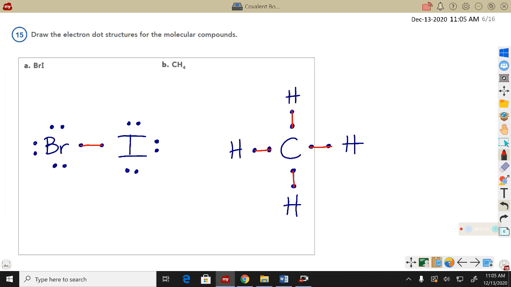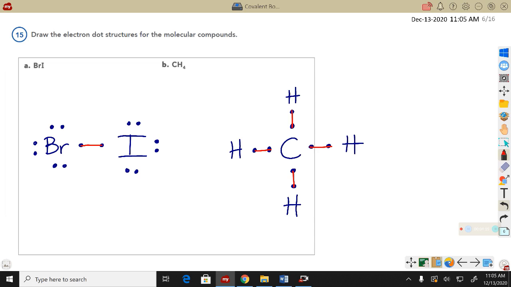And if you think every bond involves 2 electrons, well, then 2 double bonds would be 4 and 4 for 8. You could do a double bond and 2 single bonds. That would give me 4 bonds for 8 electrons. Carbon can do a triple bond and 1 single bond. That would add up to 4 bonds, or 8 valence electrons.